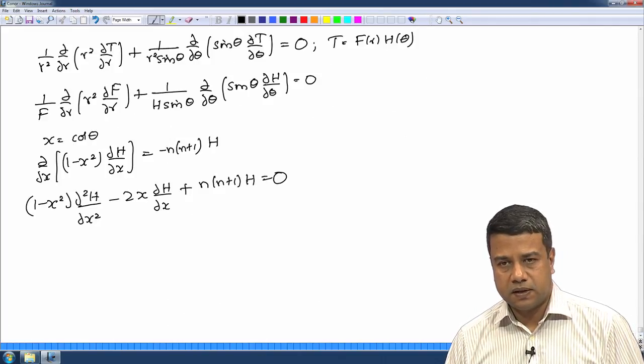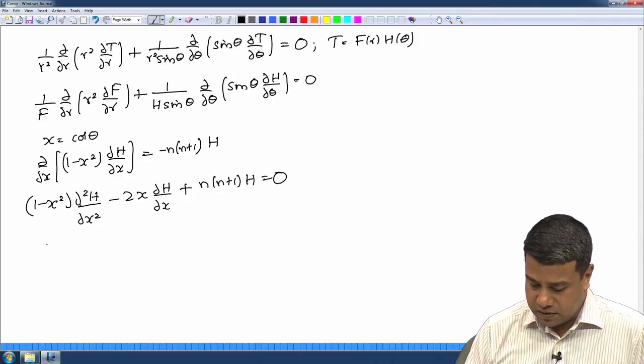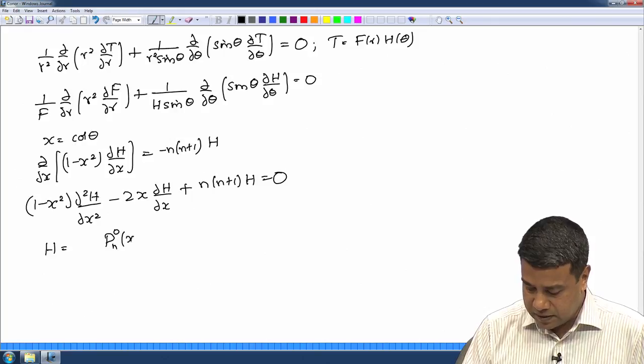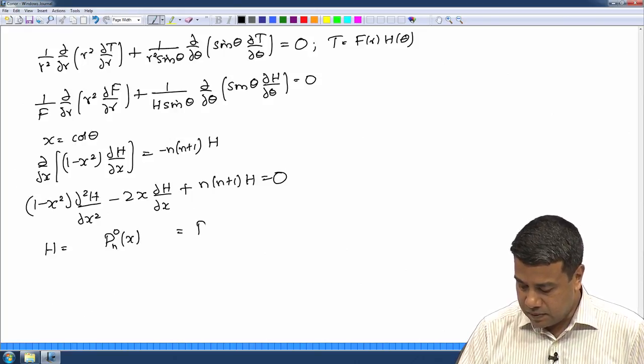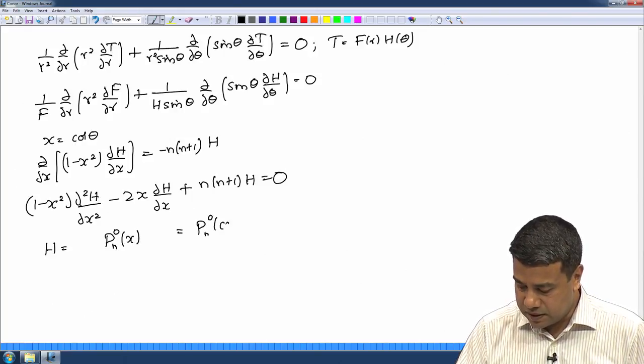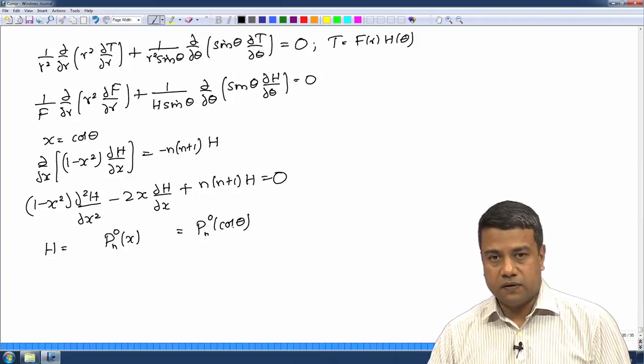And I told you that the solution of this was h is equal to P n 0 of x. It's effectively equal to P n 0 of cos theta for any value of n.